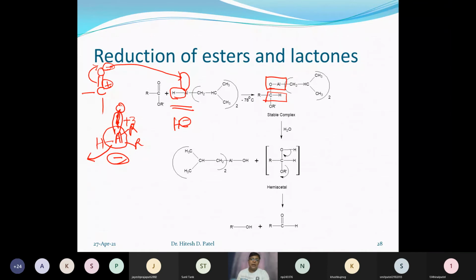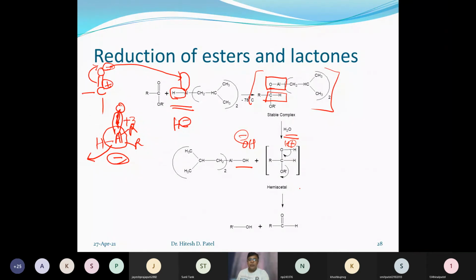CHOAl. And after that, by treatment with water, when we add water, immediately this metal complex will break and we will get a new compound. Its name is hemiacetal. How will the metal complex break? Al has electropositive character, so Al will bind with OH minus, and oxygen has negative character, so oxygen will bind with H plus, and that's why you can see OH here, and AlOH will form.